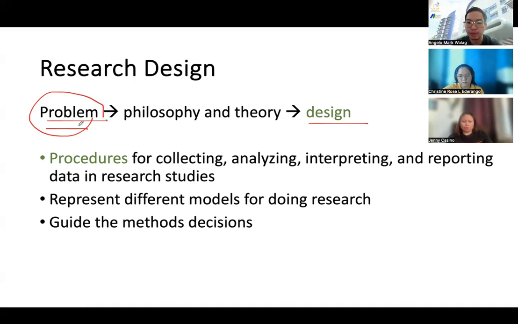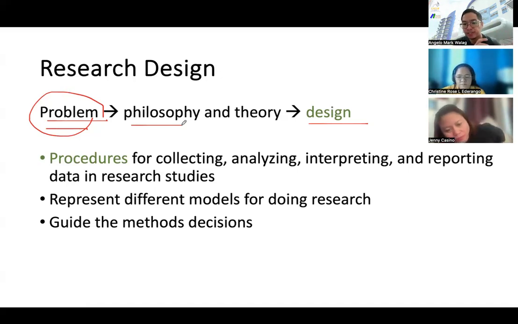Now you have your problem. The problem can be examined from many different philosophies. We talked about this in our MMR course. We can look at it from a constructivist perspective, a post-positivist perspective, or a dynamic perspective, depending on the phase of the research we are in. So in phase 1, it can be a constructivist perspective.